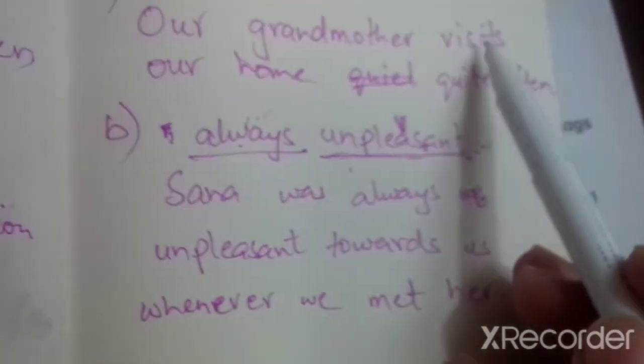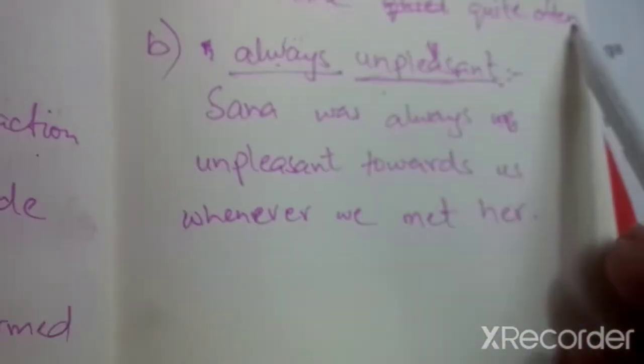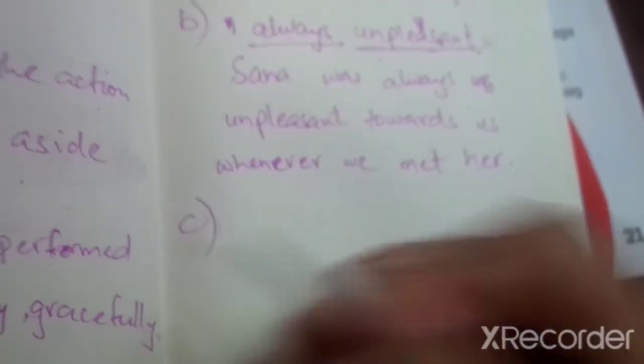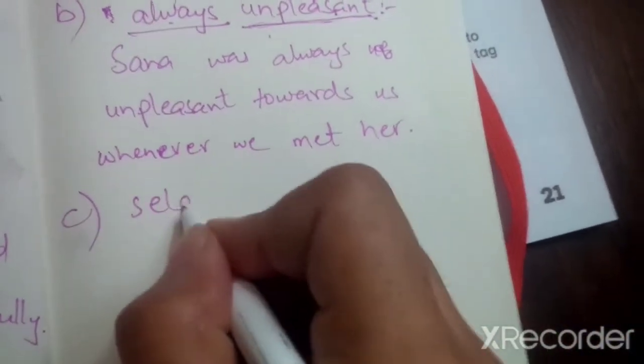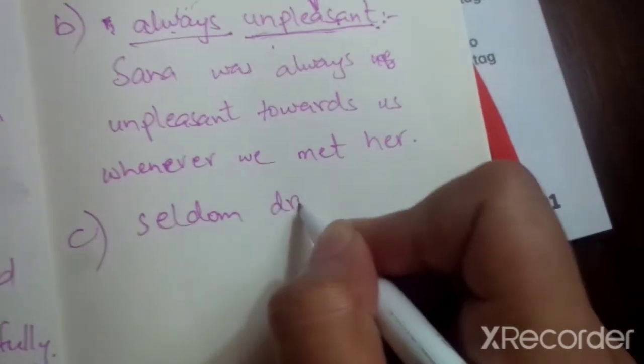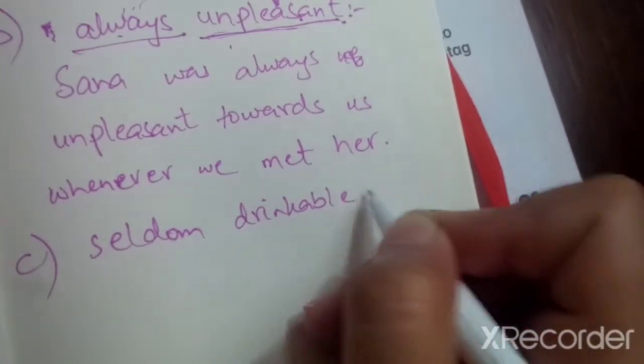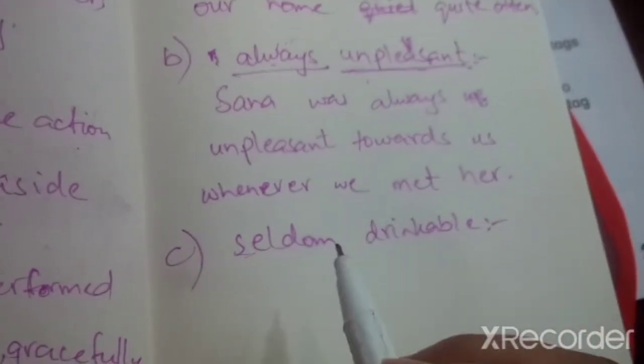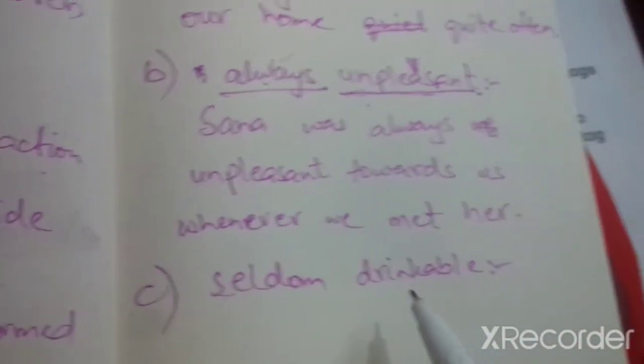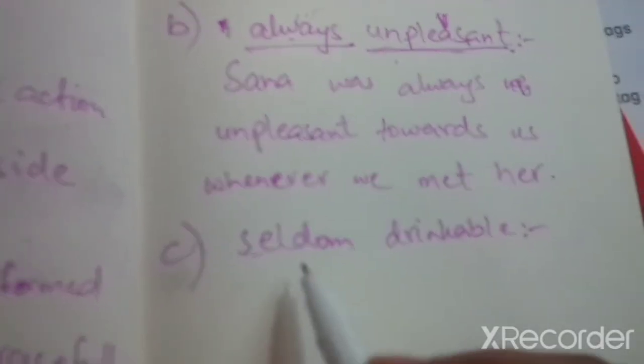So our grandmother visits our home quite often. C part. Let's do C part. Seldom drinkable. Seldom means rarely, like there are not many times when you can do it.